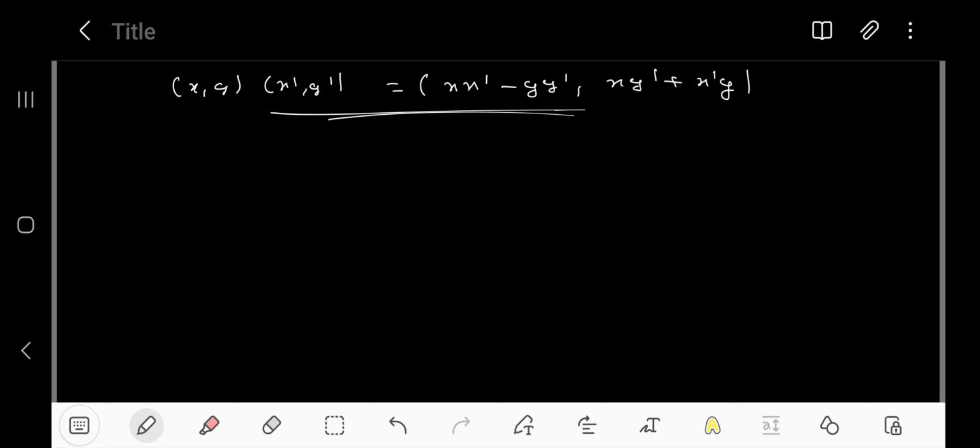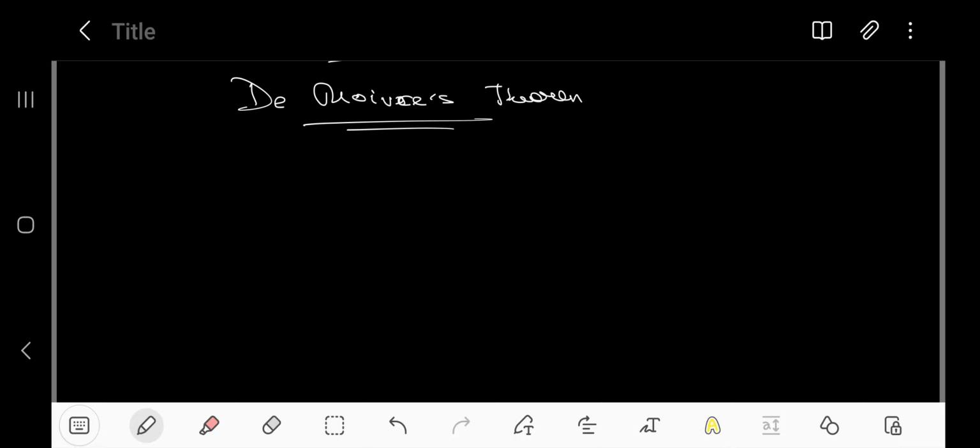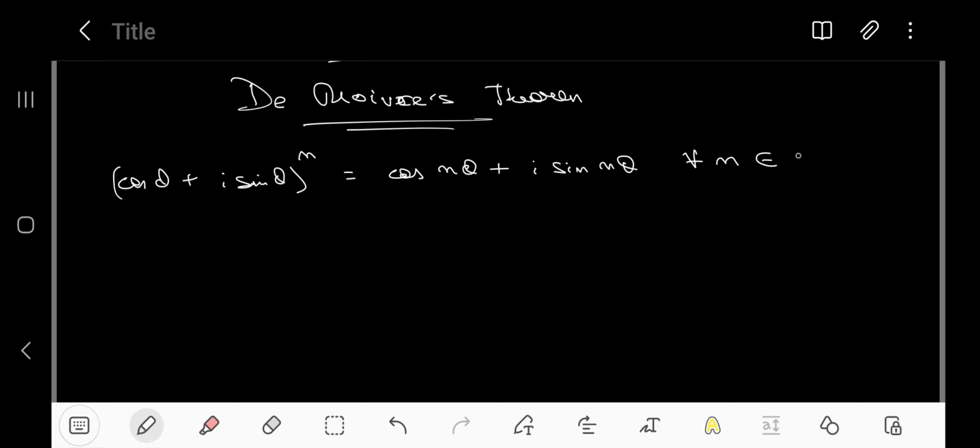So before moving on to the polar form, let me just introduce de Moivre's theorem. So what is de Moivre's theorem? It says that (cos theta plus i sin theta) to the power n is nothing but cos n theta plus i sin n theta, and this happens for all n in the integers.